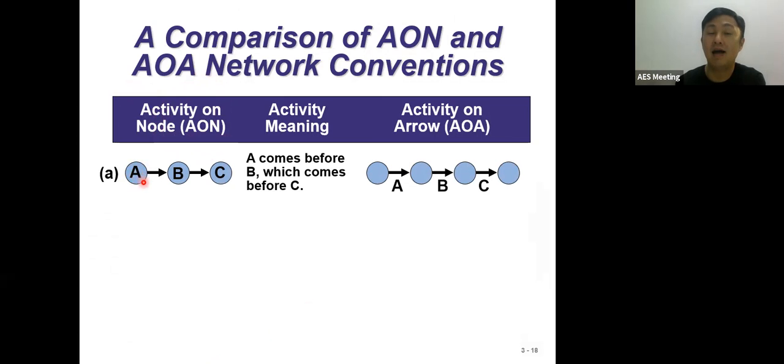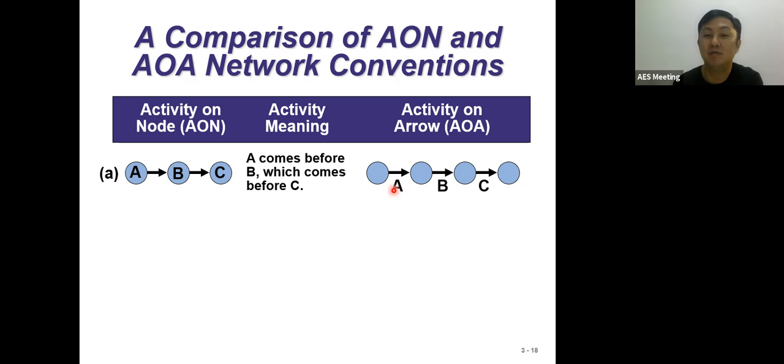So this is called activity A. But activity on arrow is about one arrow that connects between two circles. We only connect this as activity A. I hope you are able to see this quite clearly, based on activity A, the AON and AOA difference.